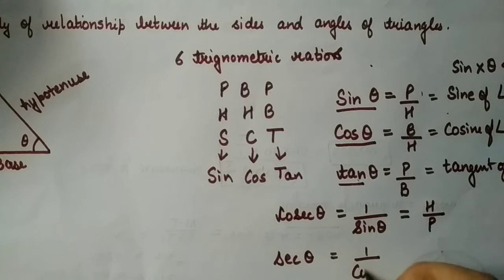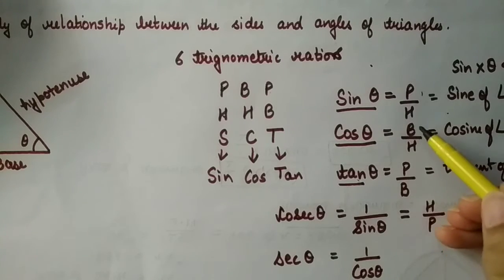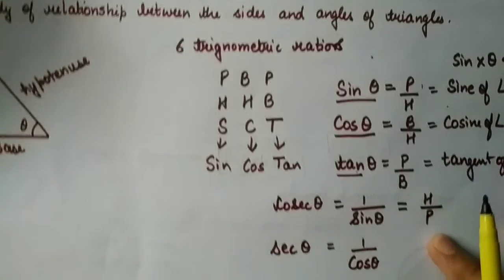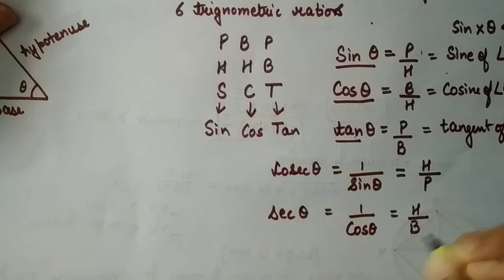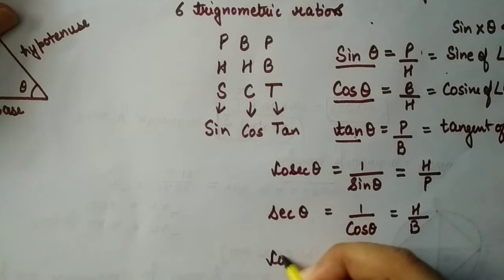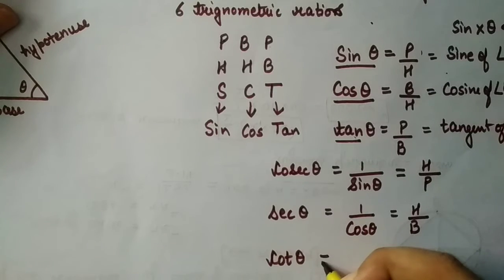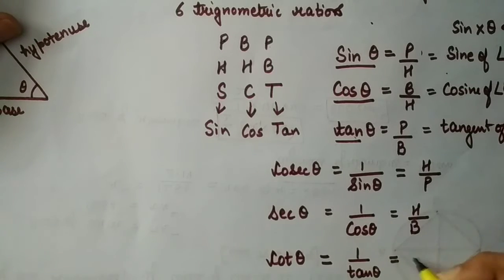So cos theta is base upon hypotenuse and secant theta is hypotenuse upon base. And cot theta, it is the reciprocal of tan theta. Tan theta is perpendicular upon base, so cot theta is base upon perpendicular.